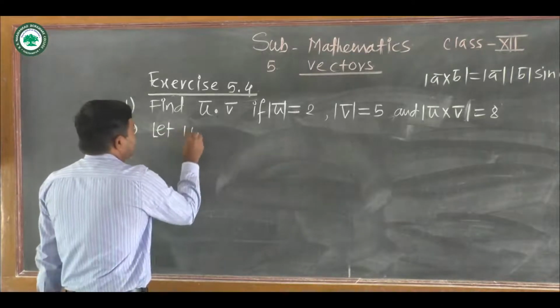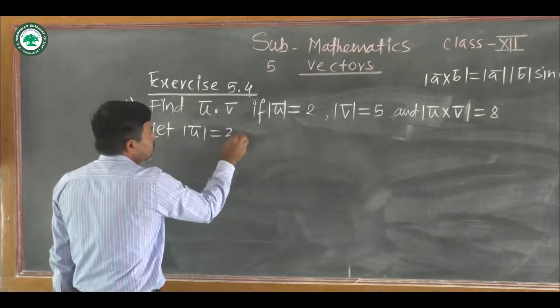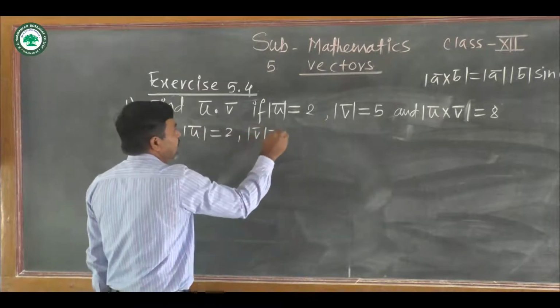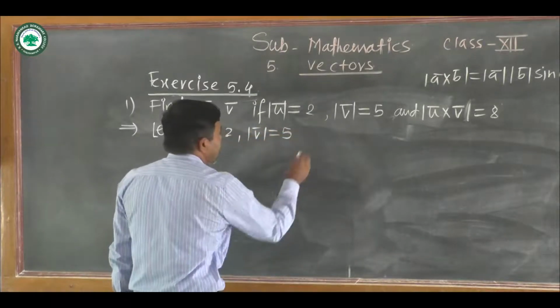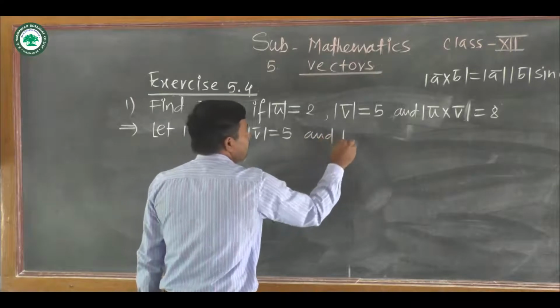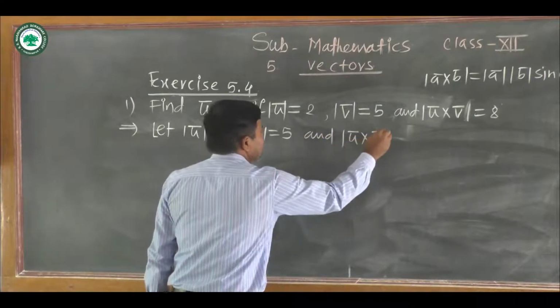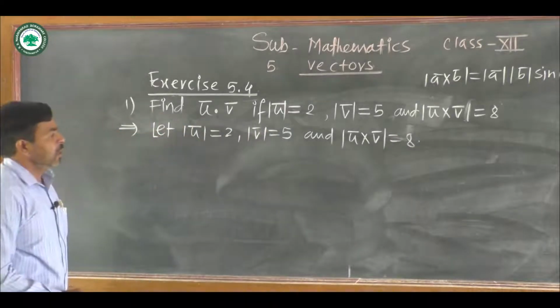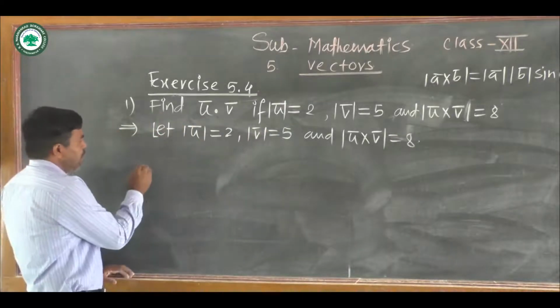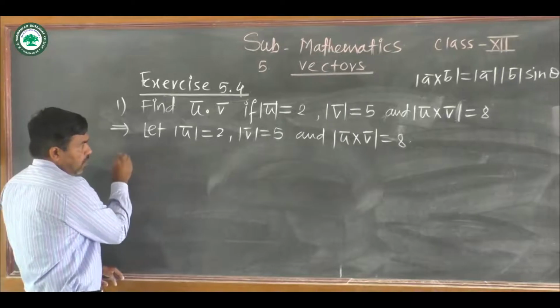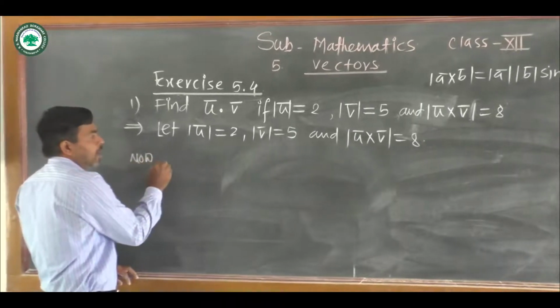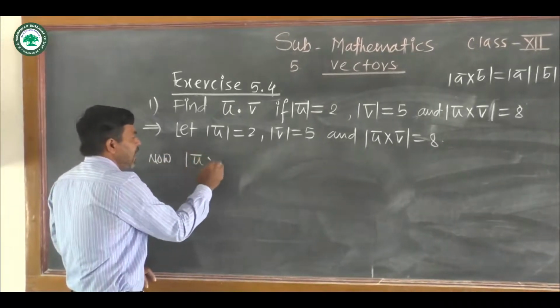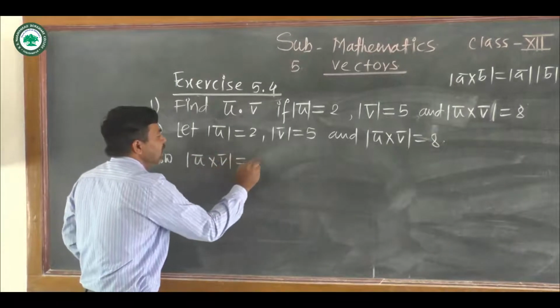Let magnitude of vector U be 2, magnitude of vector V be 5, and magnitude of vector U bar cross V bar is equal to 8.